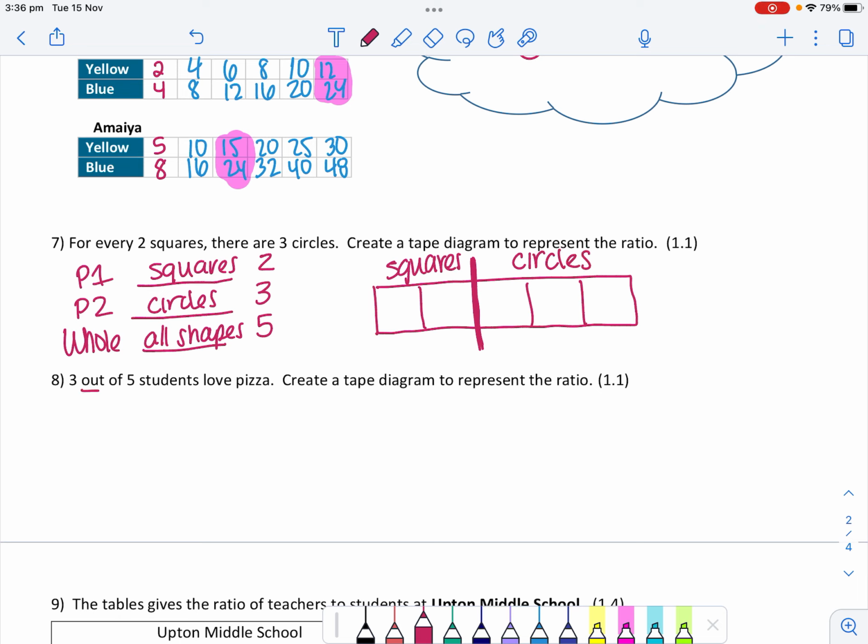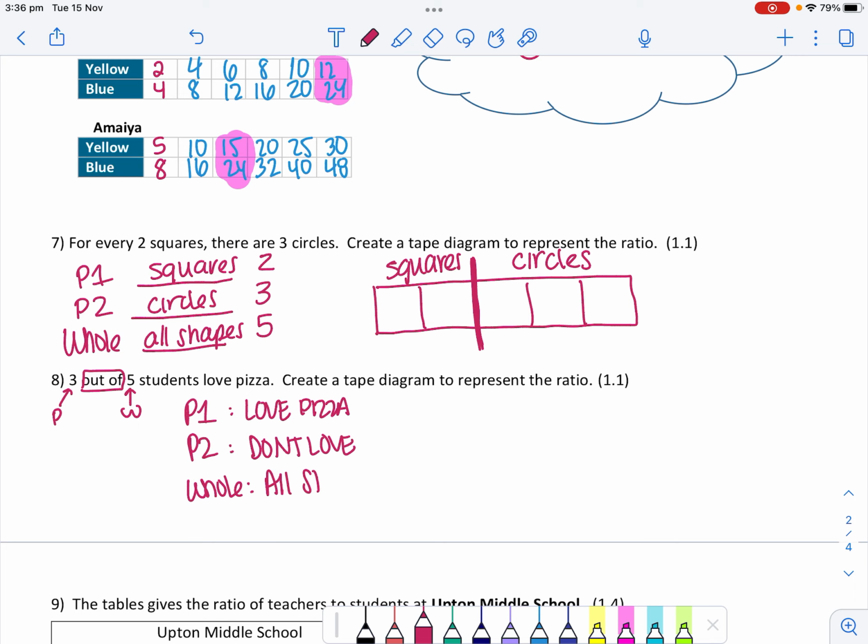Number 8 says 3 out of 5 students. So here's my part, here's my whole. So part 1, love pizza. Part 2, don't love pizza. Whole, all students. So 3 students love pizza out of 5 total students.